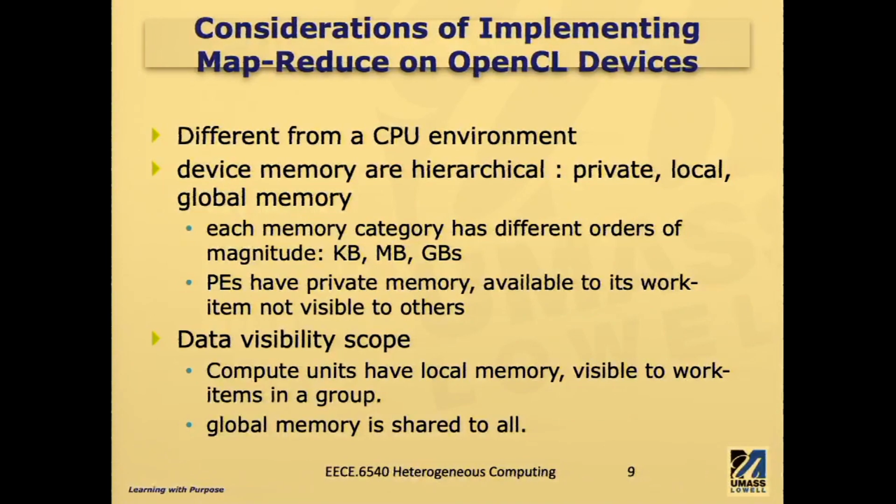So let's say you have local memory for compute unit 0 and local memory for compute unit 1. Then the data in the local memory of unit 1 will not be visible or available to any of the work items in work group 0. And finally, the global memory is visible to all work items.